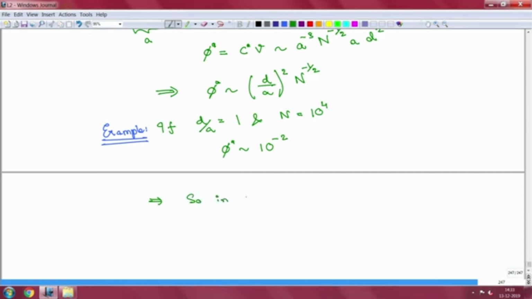In this case, polymers can start interacting only at 1% concentration or volume fraction, sorry.